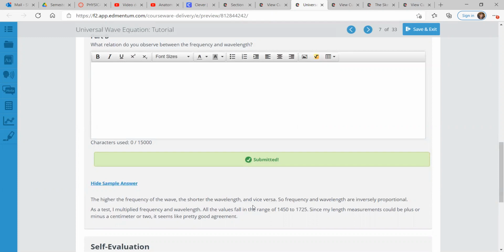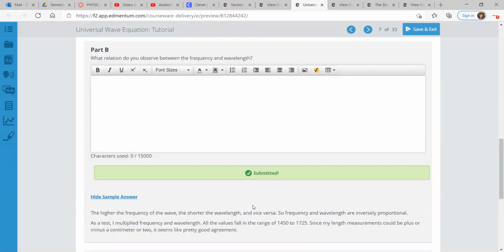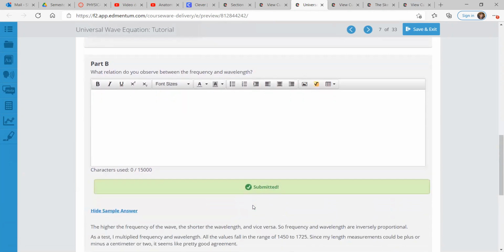Frequency and wavelength are inversely proportional. As a test, I multiplied frequency and wavelength. All the values fall in the range of 1450 to 1725. Since my length measurement could be plus or minus a centimeter or two, it seems like a pretty good agreement. As a sample answer: higher frequency, shorter wavelength; lower frequency, longer wavelength.